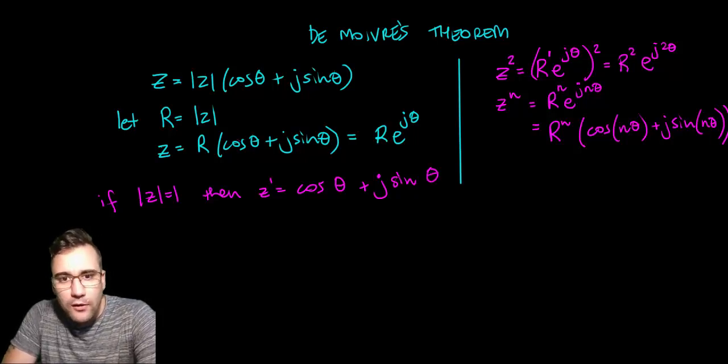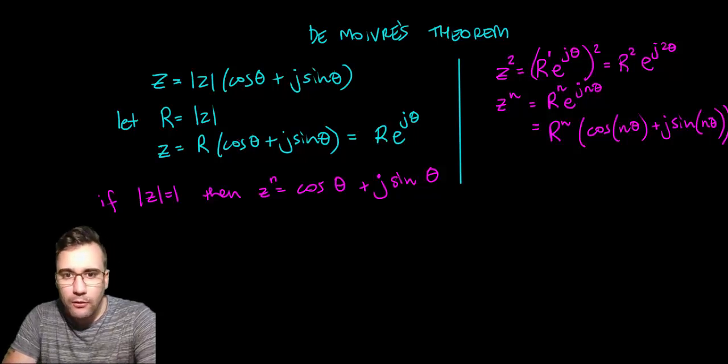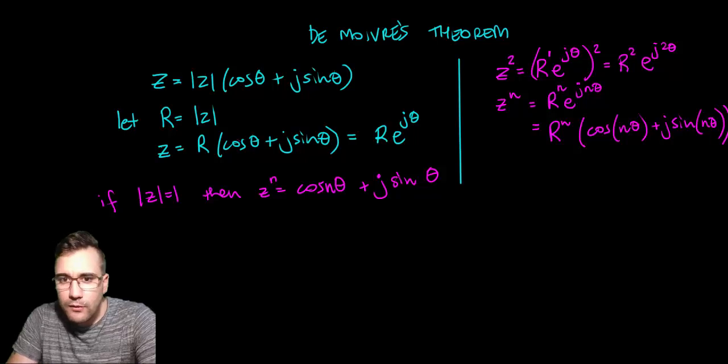Now, if we make this an n, so the magnitude of z is equal to 1, and instead of a 1 here we put an n, so we're not raising it to the first power, we're raising it to the nth power, then if you look closely at what we've done, this is going to work just fine.